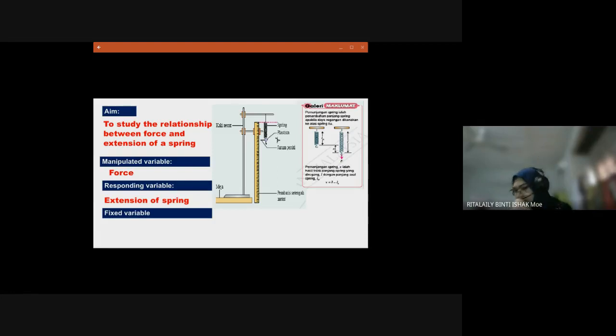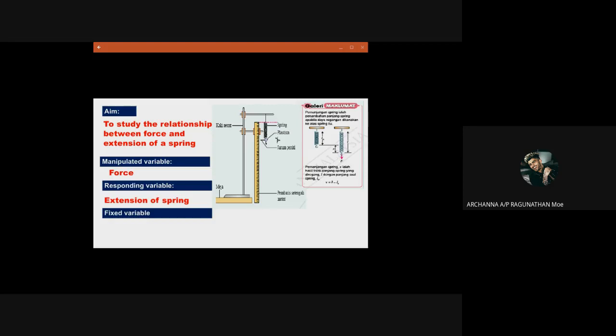Fixed variable is something that does not change throughout the experiment. It does not change. For example, like Ashley said, the initial length of the spring. Initial length means the original length of the spring. Archana said height of weight. How about height of weight? Where is the weight placed, the height initially?